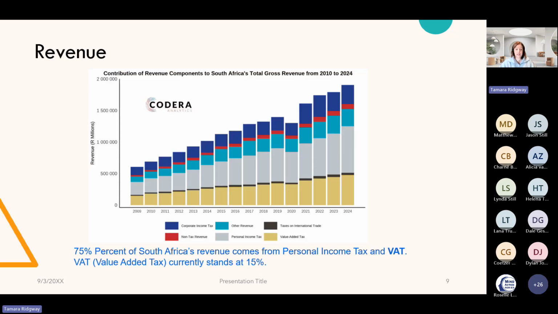And then I always like to show an up-to-date chart to my students, a graph of some kind that just really summarizes the revenue. And so again, income, trying to expand all their vocabulary, the revenue of South Africa's money, the budget, and show them visually that 75% of South Africa's revenue comes from personal income tax and VAT.